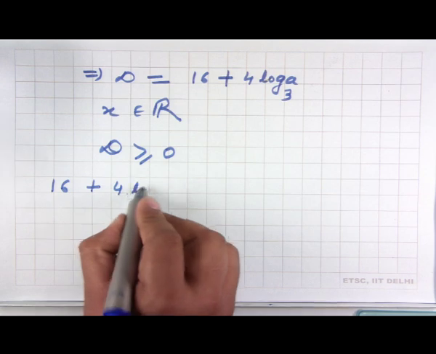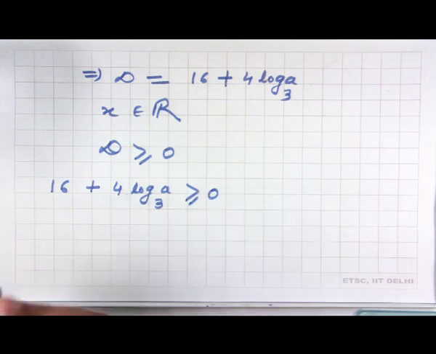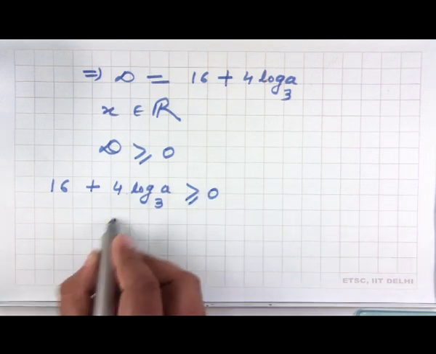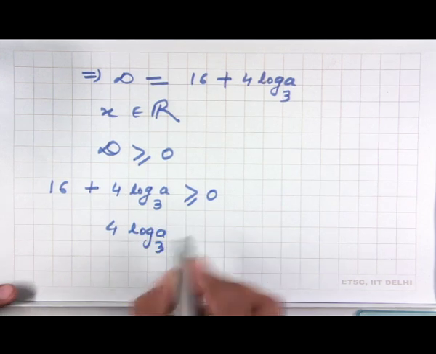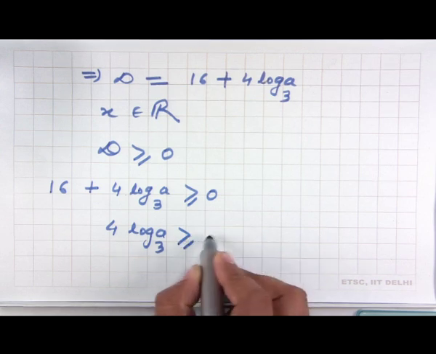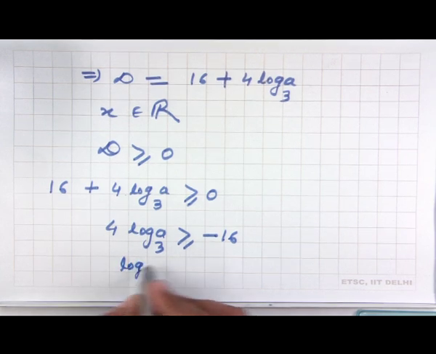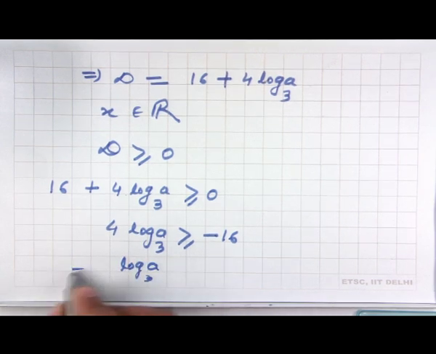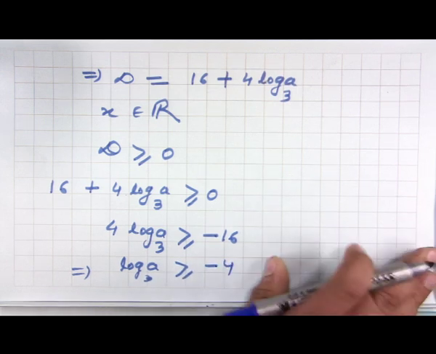The value of discriminant is 16 plus 4 log a base 3 is greater than or equals to 0. So log a base 3 is greater than or equals to minus 4.